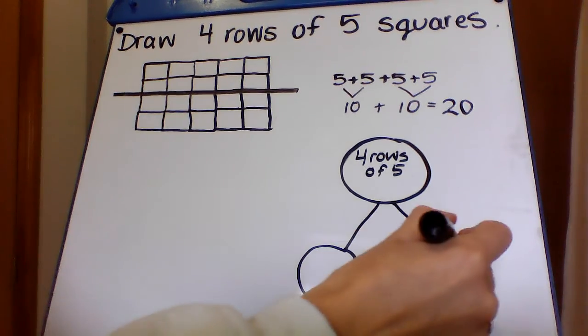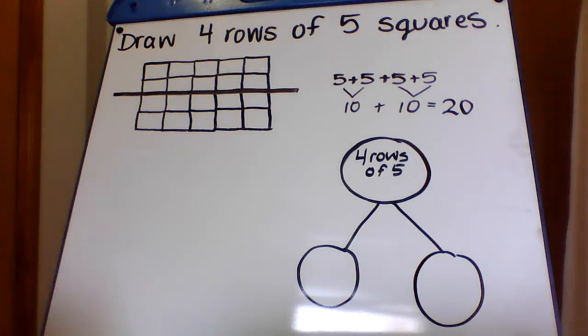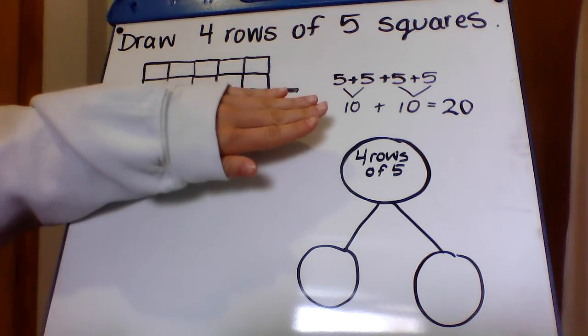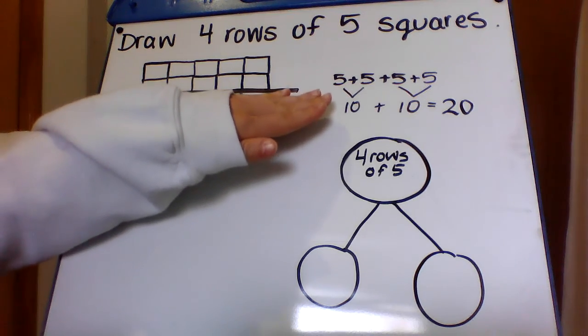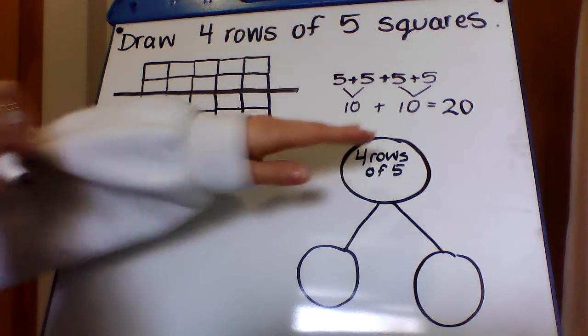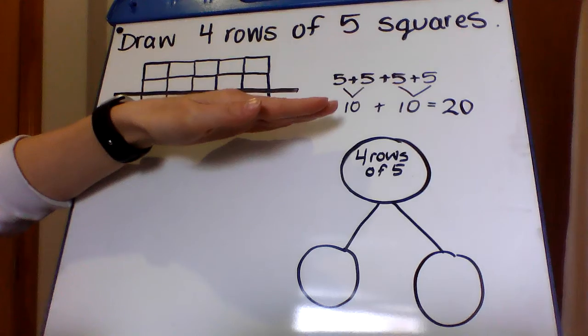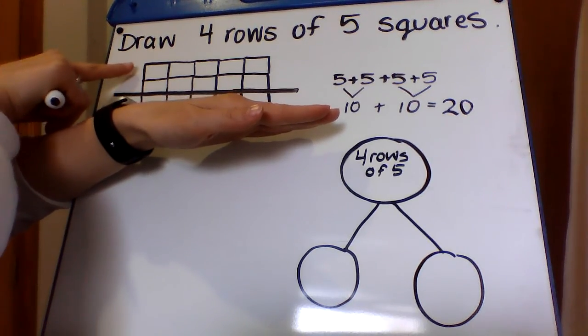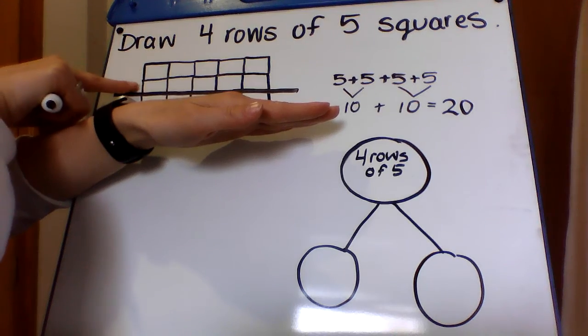We have to come up with this. Okay, 4 rows of 5, or now pretend that, just look at this top part. Can you see that? Just this top part for now. How many rows do you have up top? You have 1 row here and 1 row here.